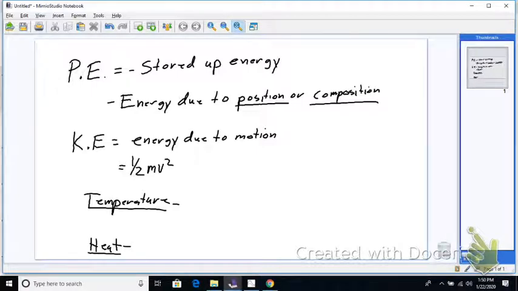Okay? And it could also be a stored up energy, depending upon how you're going to use something, so it can be a stored up energy. It could be a potential energy too. So temperature is related to motions of particles.